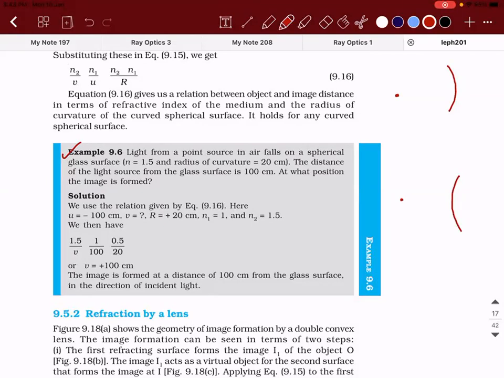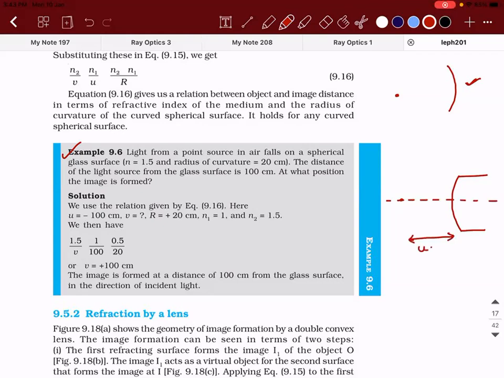Okay, so I am assuming that it is like this as of now. So the spherical glass surface, let's take it like this.